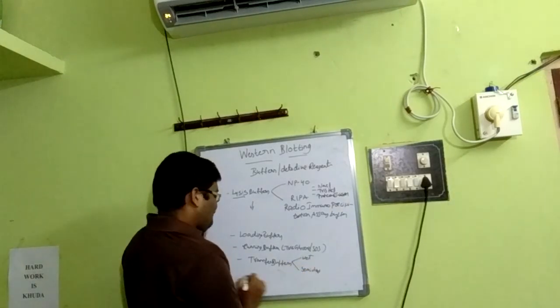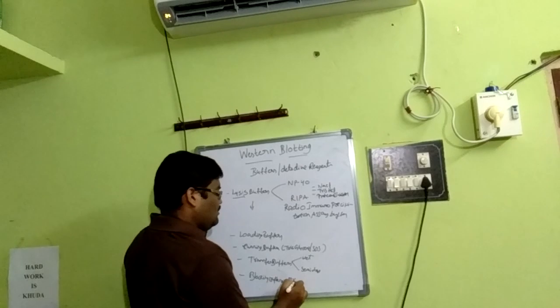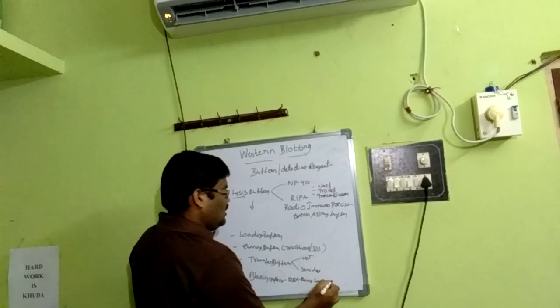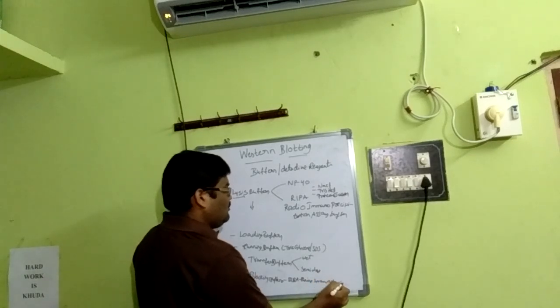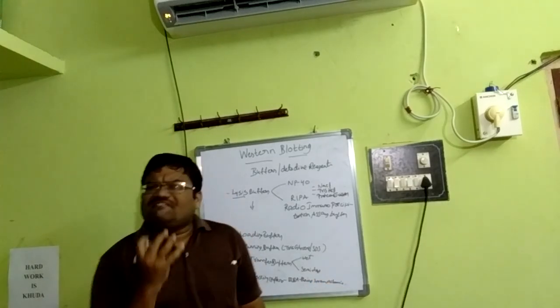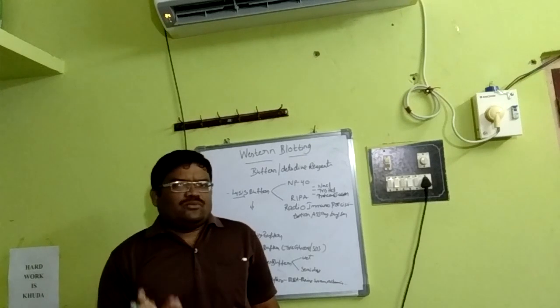And finally blocking buffers, say bovine serum albumin. These are the different buffers which are used in Western blotting.